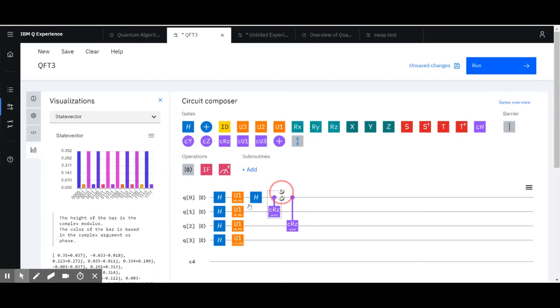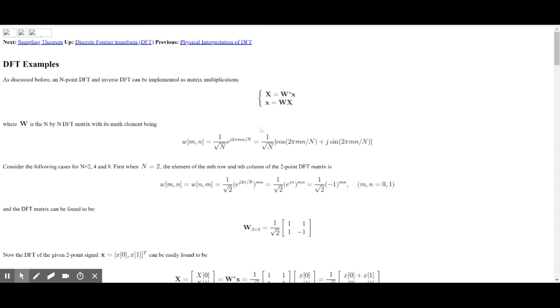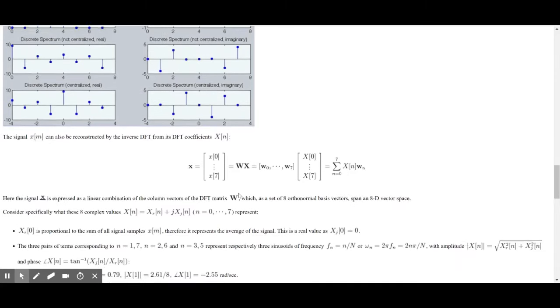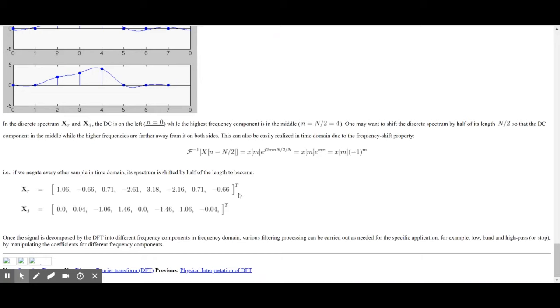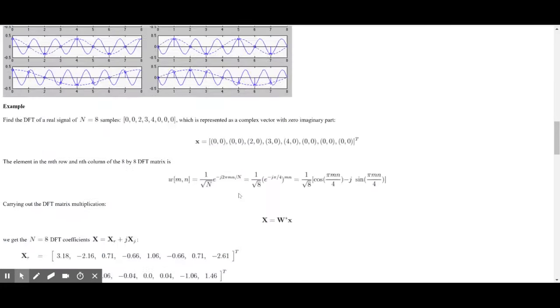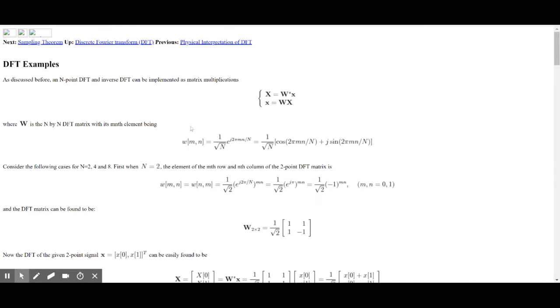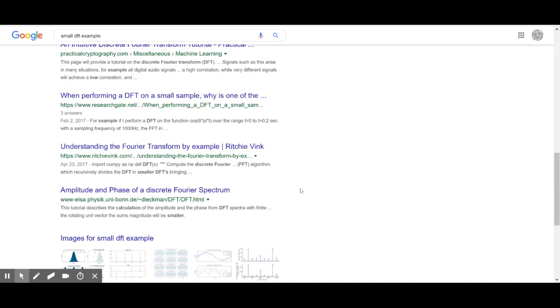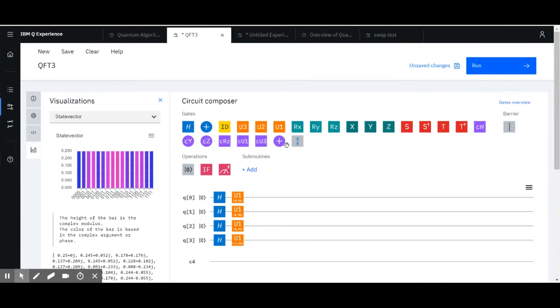DFT examples. Something nice. I mean, I don't know. Let's give it a try with this first.